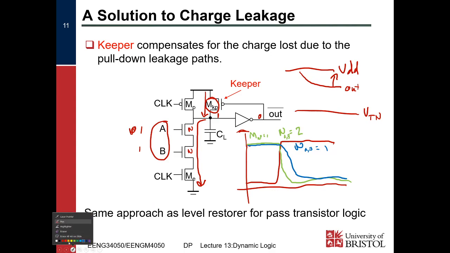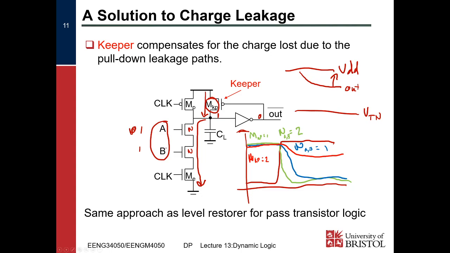And then let's add another case where we say MKP equals 2, so now we've got a bigger keeper transistor, and we see that it just sort of goes like that and doesn't actually get down to ground, because our keeper transistor is stronger than our pull down network in this case. It's ratioed logic if you introduce a keeper transistor.